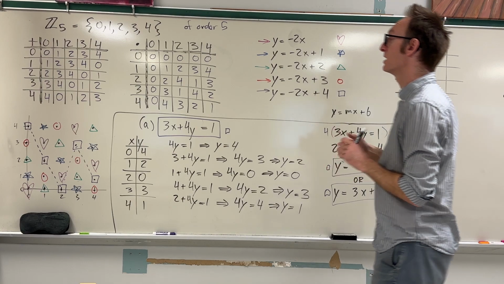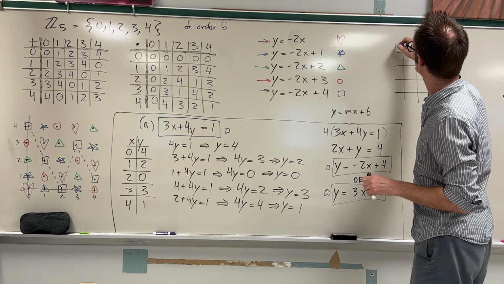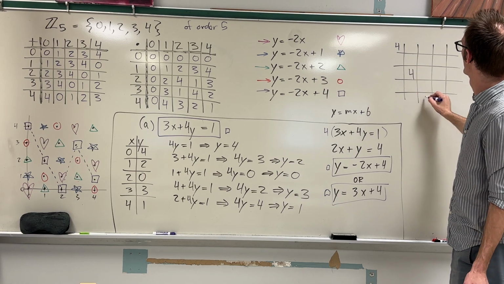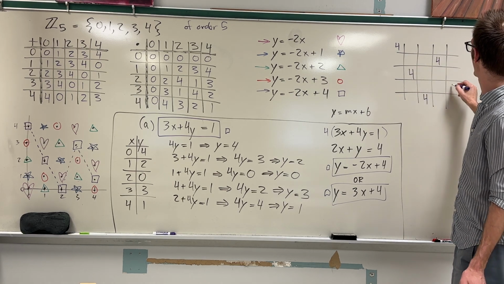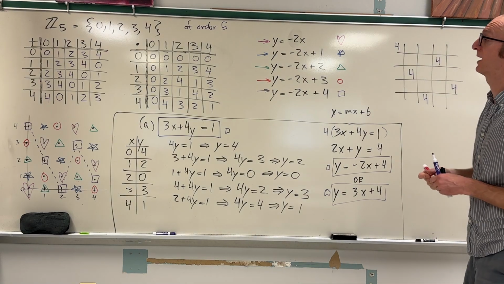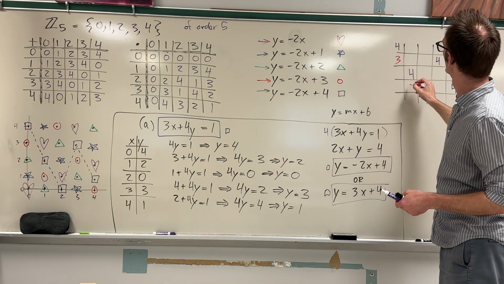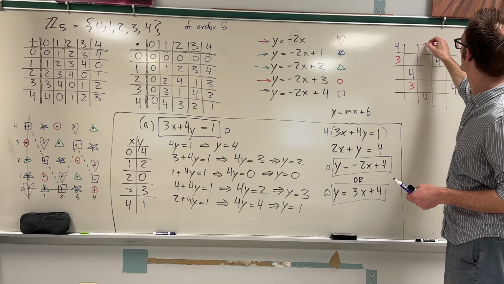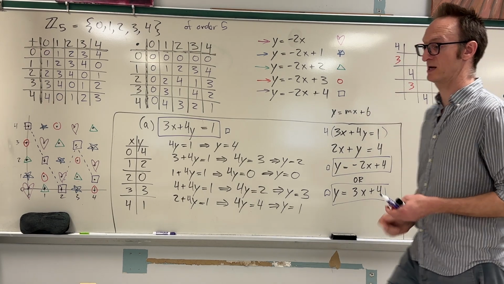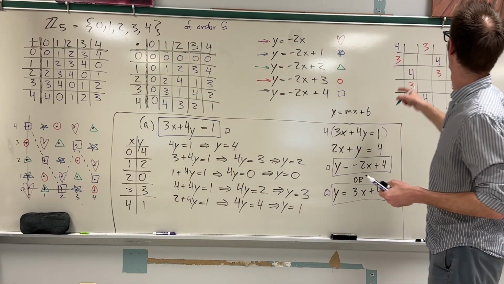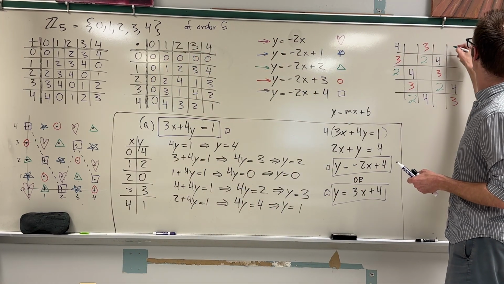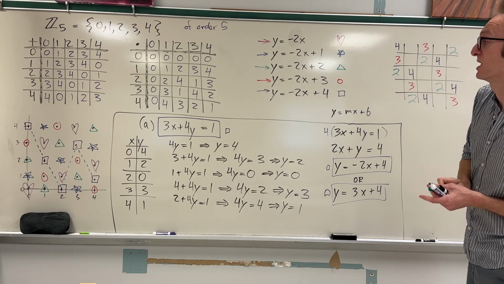It's the one associated with, well, I'll just say the purple lines are these, slope negative 2, also known as slope 3. This is like a 3, slope negative 2, also known as slope 3. Then there's the green one, slope negative 2, also known as slope 3.